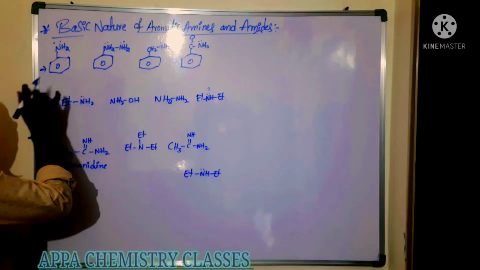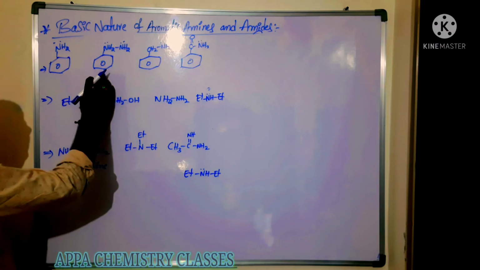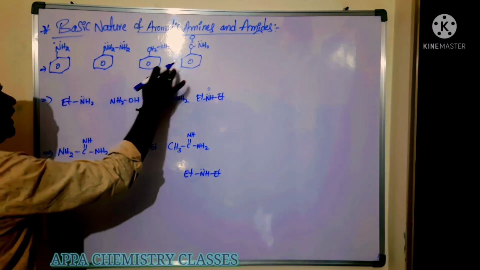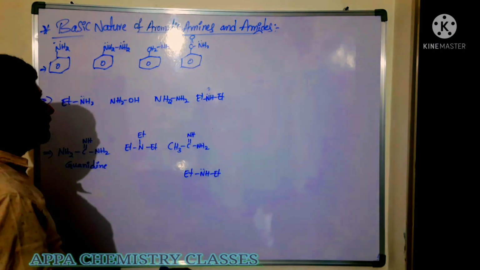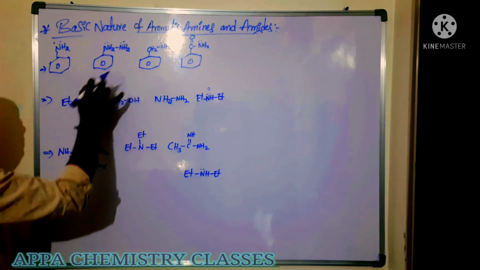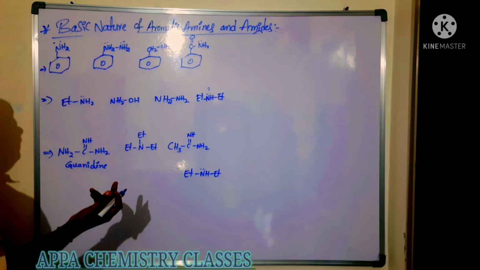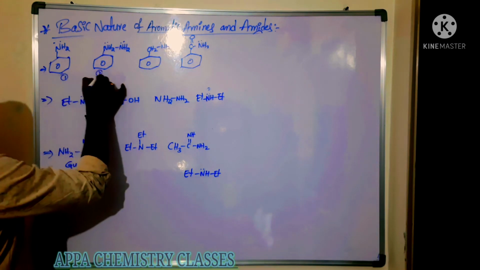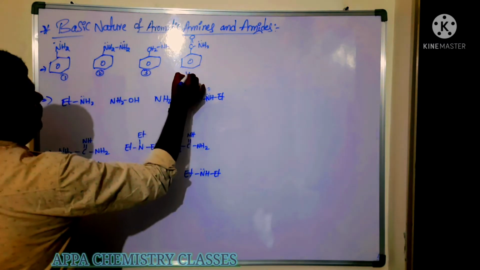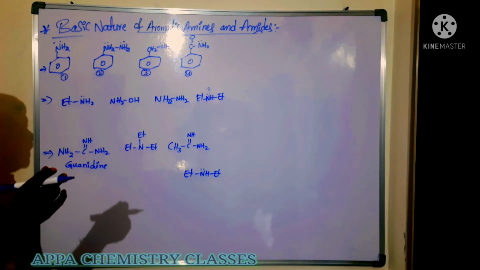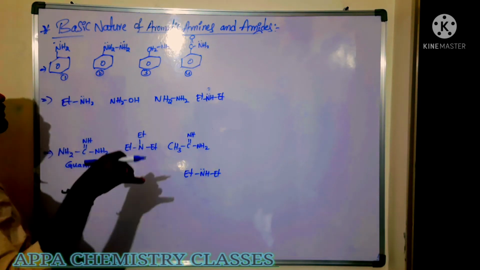Is that clear? It is aniline, it is phenylhydrazine, it is benzylamine, it is benzamide. Okay? So now among these, which is more basic one, which can easily donate the lone pair of electrons? 1, 2, 3, 4. Now you see which nitrogen containing lone pair is not involved in resonance.